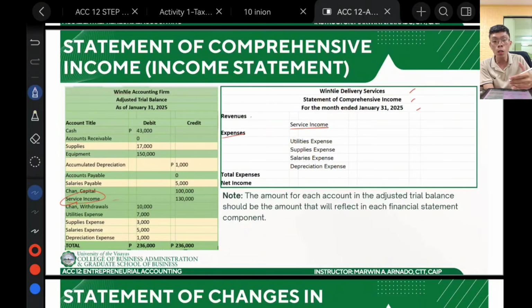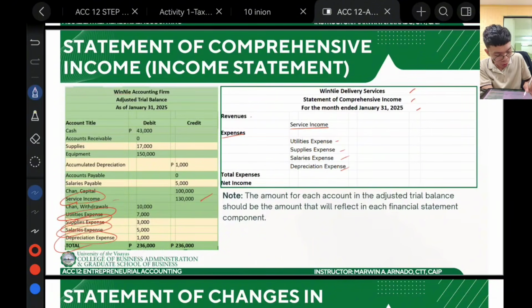We write down all the expenses we have incurred during the accounting period: utilities expense, supplies expense, salaries expense, and depreciation expense. What you're going to do is simply write all the amounts or balances from the adjusted trial balance.